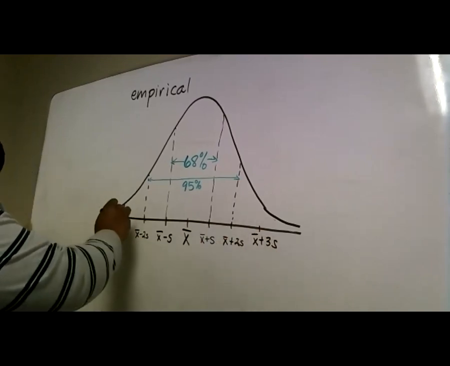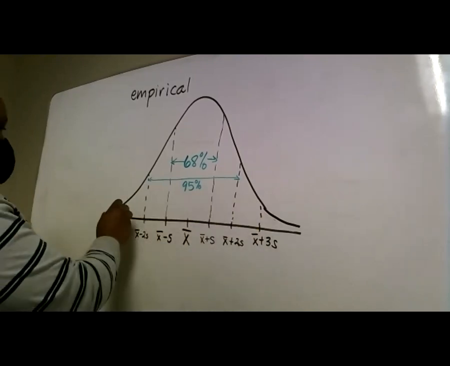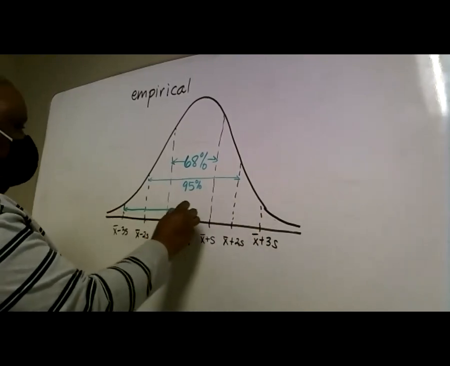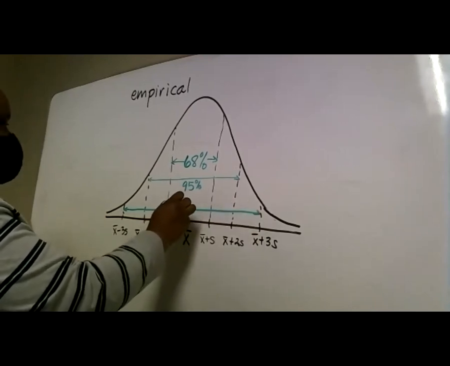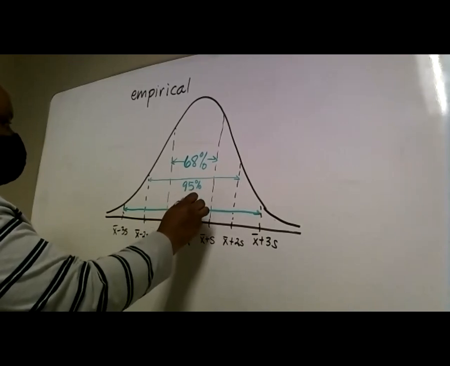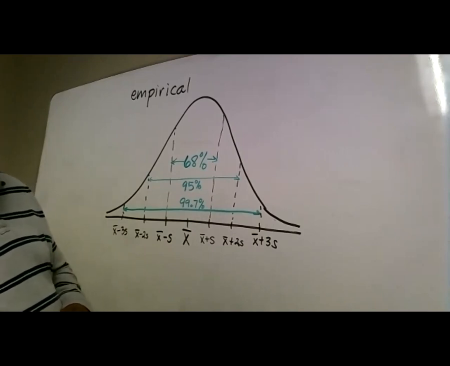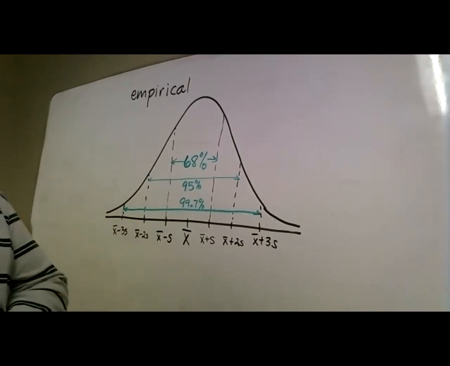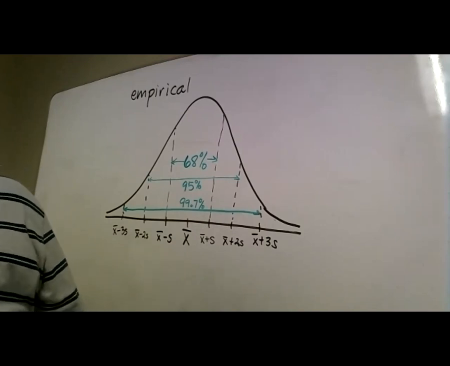So from here to here, this area represents 99.7% of those data values that are within 3 standard deviations of the mean. Okay.